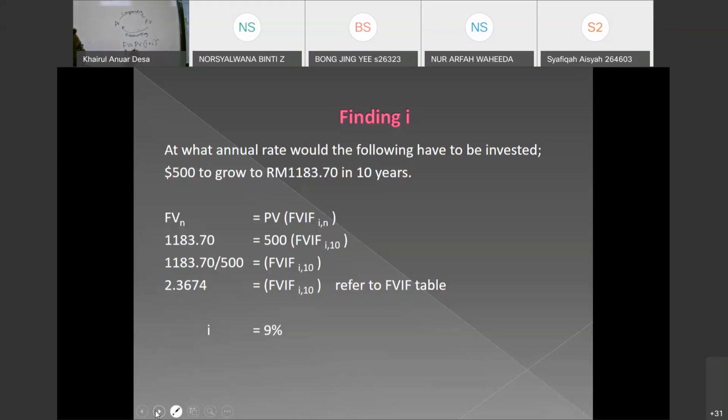Either they want to test you on the future value, the present value, I or N here.